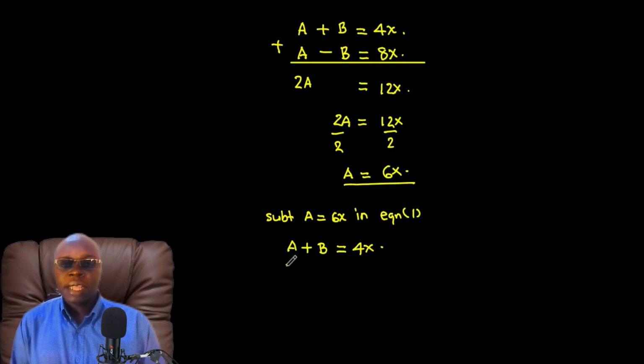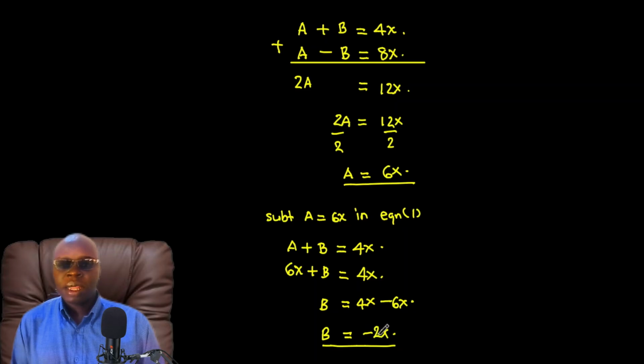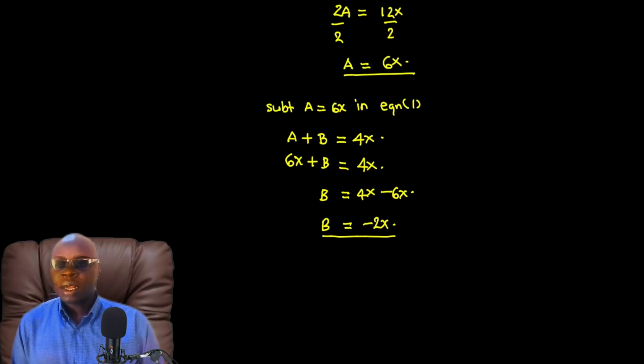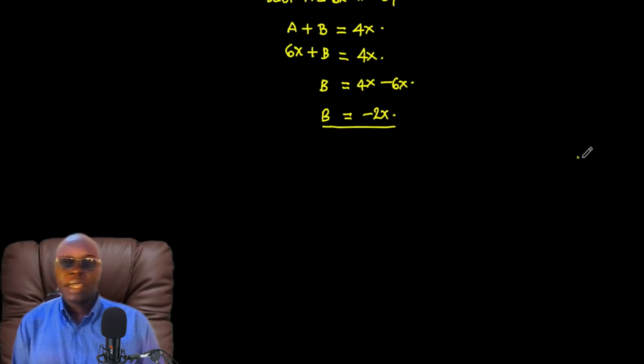Placing A as 6x, 6x plus B equals 4x, then we collect like terms to get B. So B is 4x minus 6x, which gives negative 2x. Somebody might be wondering how a negative can work. Trust me, it will work out well as we progress. I will be telling you exactly what to do.